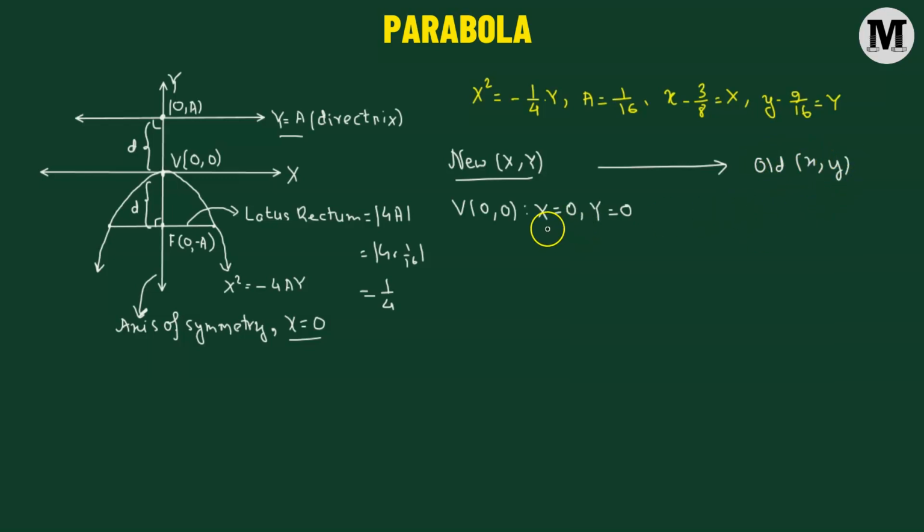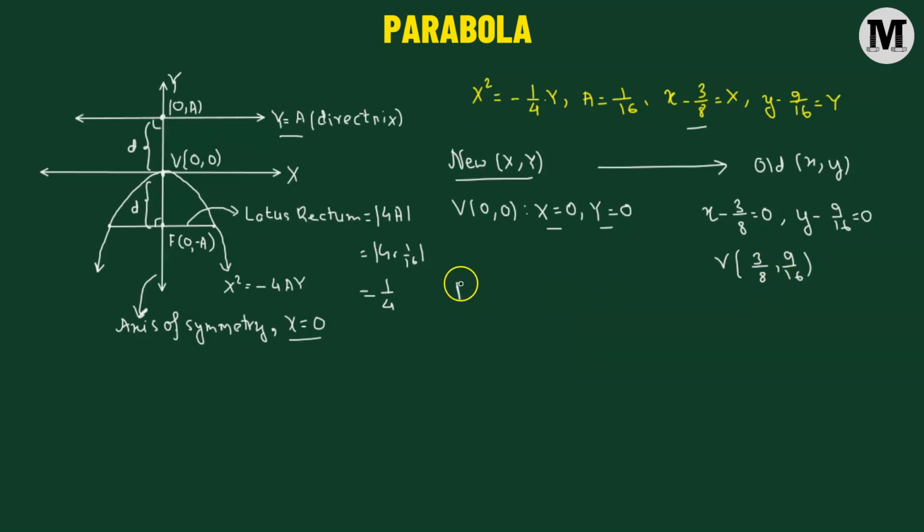So here all we have to do is use the same set of equations, x equals 0 and y equals 0, but instead of x we're going to use the transformed expression x minus 3 over 8, so this will be equal to 0. And in place of y equals 0, we will be using y minus 9 over 16 equals 0. So solving for x and y, that's going to give us the coordinates of the vertex of the parabola with respect to the old coordinate system. So that's going to be 3 over 8 comma 9 over 16.